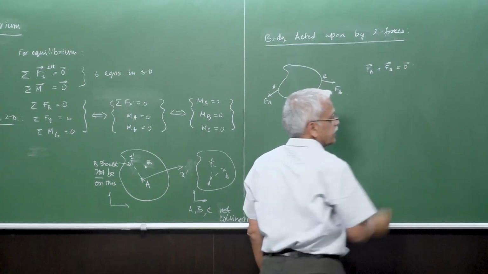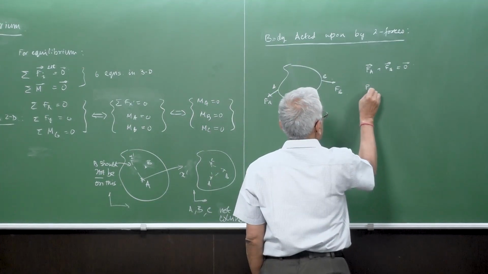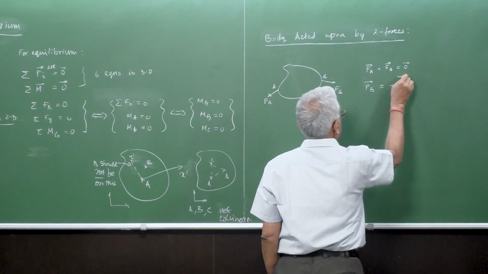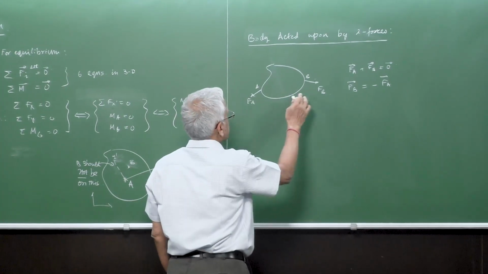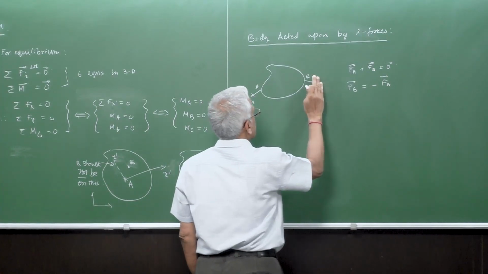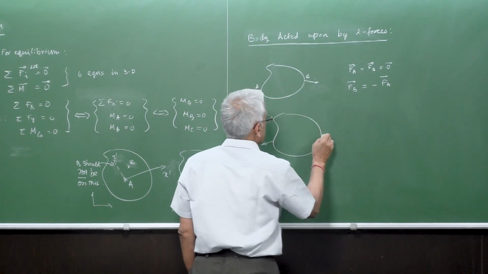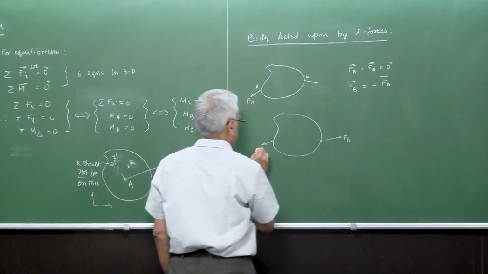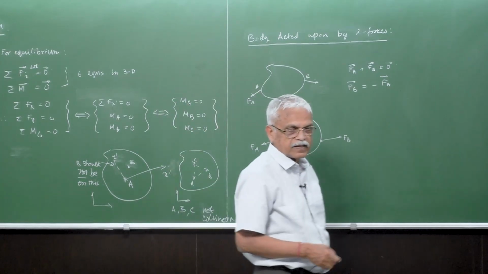Which essentially means that Fb is equal and opposite to Fa, so they are parallel to each other and equal in magnitude.